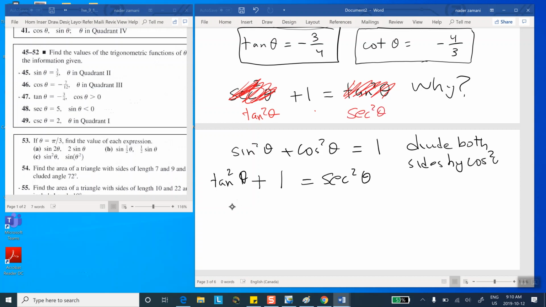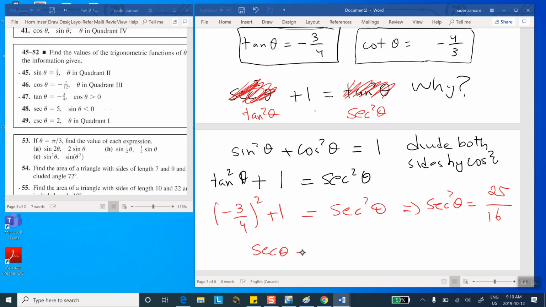So let's go ahead and do the rest of this thing. So this is minus 3 over 4 squared plus 1 equal to secant squared theta. That means secant squared theta is equal to, if you do this thing, 25 over 16. That means secant of theta is equal to plus or minus 5 over 4.